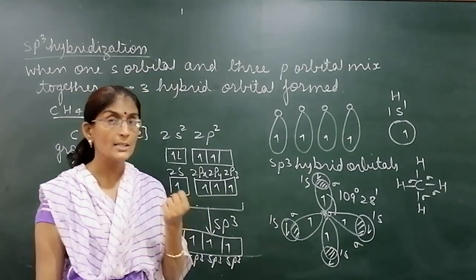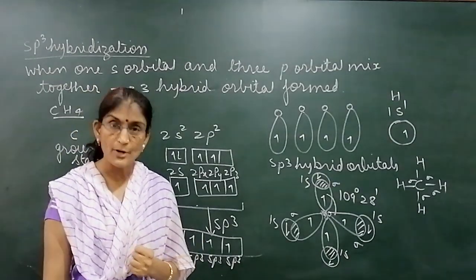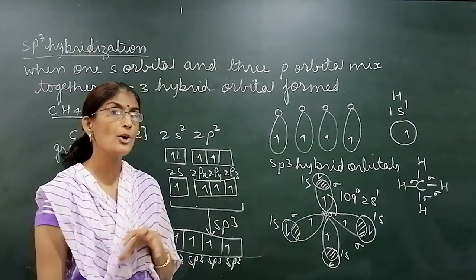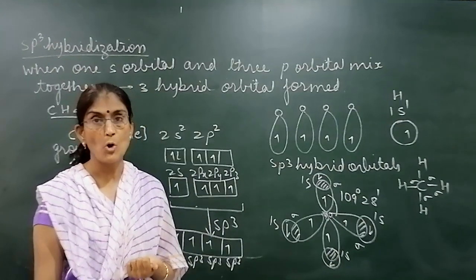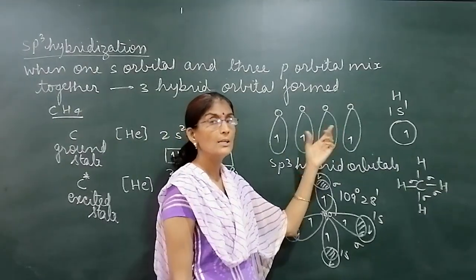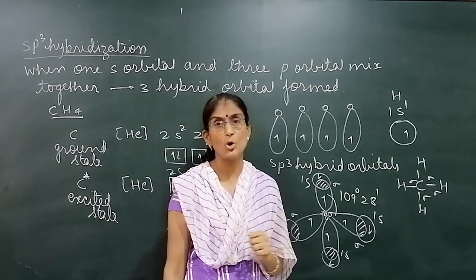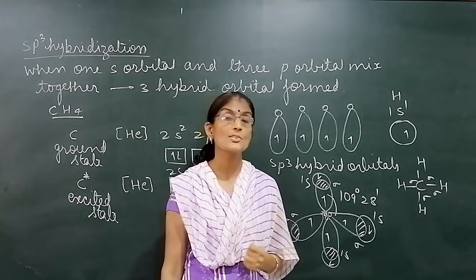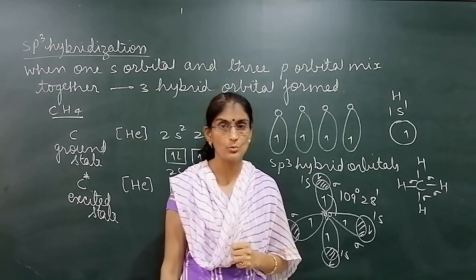But actually it is not atomic orbitals that overlap with the orbitals of hydrogen, but the hybrid orbitals which combine with hydrogen orbitals and form sigma bonds. And the hybrid orbitals are all identical, and that's why the bond length and bond energy of all carbon-hydrogen bonds are identical. This is called sp3 hybridization in the methane molecule.